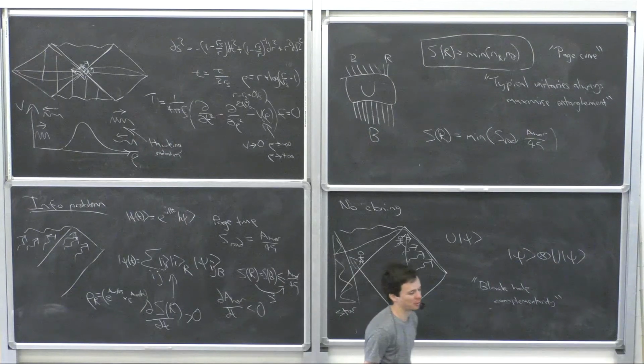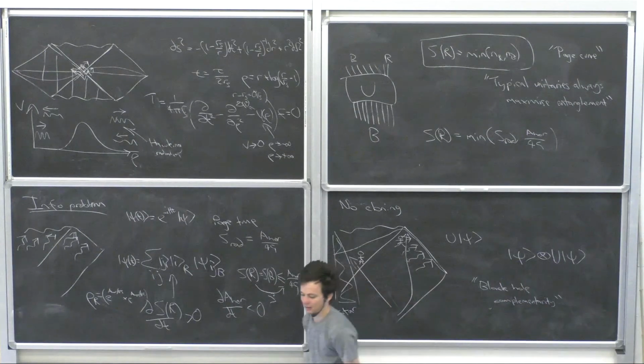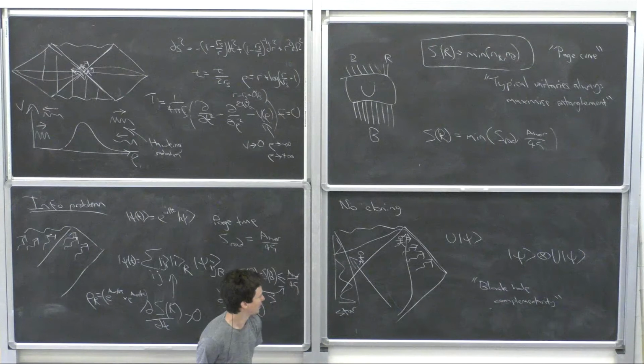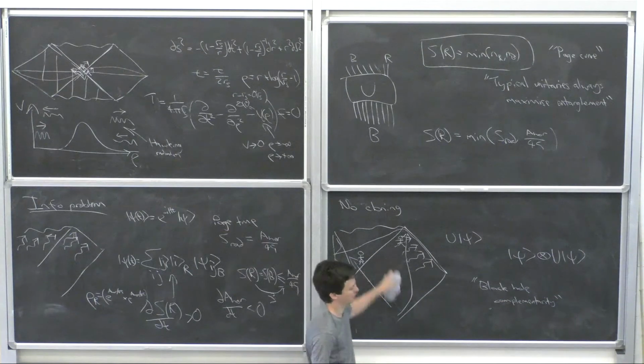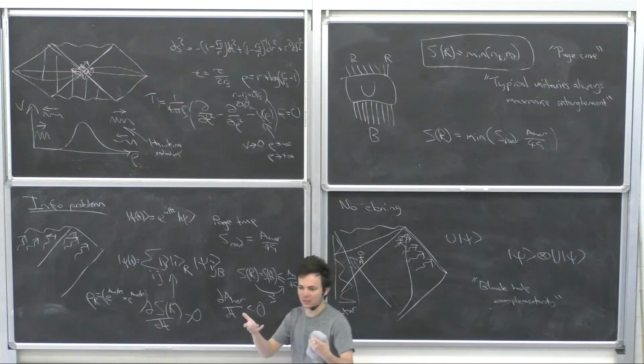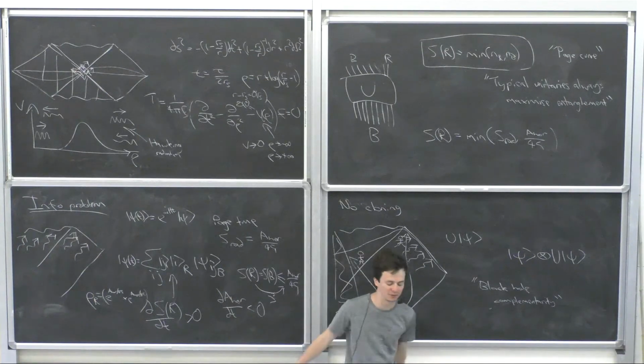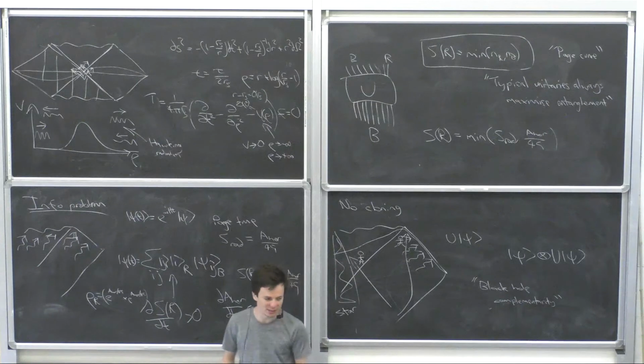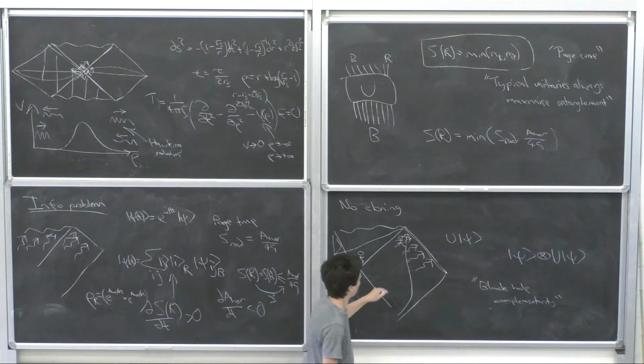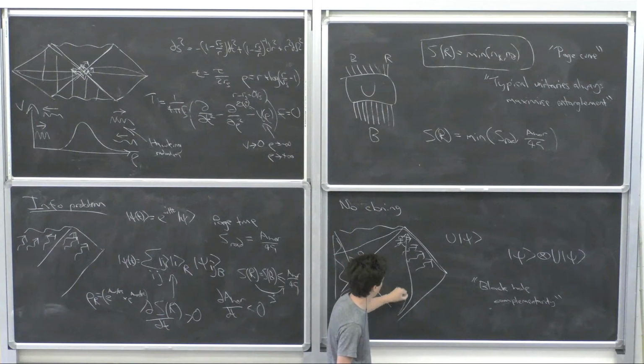So this is a good argument, but if we want to make it precise, then we need to know how long Bob has to wait in order to recover the information contained in the star that fell into the black hole. Because if he doesn't have to wait terribly long, then maybe Bob can collect up a bit of radiation and then jump in.